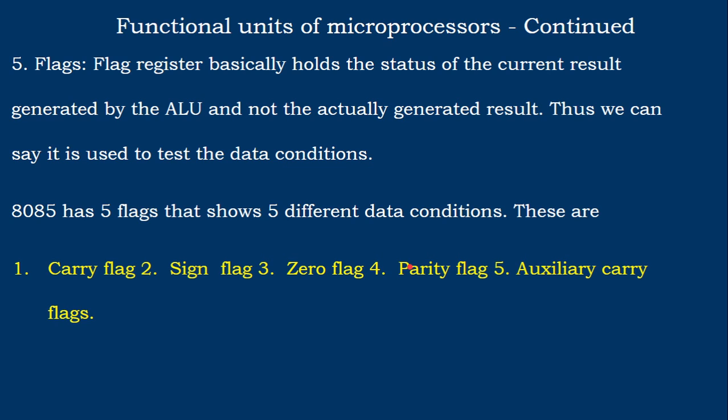Parity has real meaning in the system: it is mainly used in the communication of information, and whether the data passed is right or wrong is judged by the parity flag. And finally, the auxiliary carry flag. Suppose we are using 2 bytes, and in between the 1 byte we get a carry. That carry is called the auxiliary carry flag. Normally used flags are sign, carry, and zero.